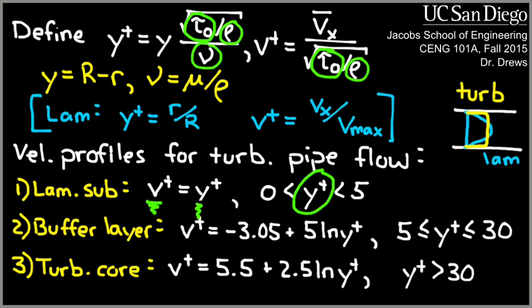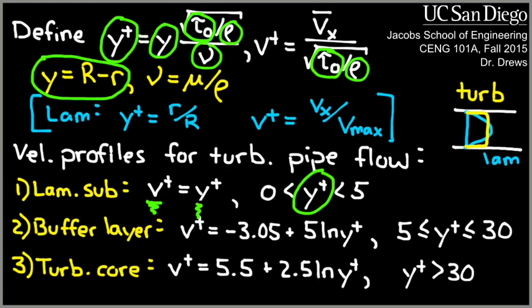Well, if I look at my definition of y plus, which is admittedly getting a little messy up there, y plus is equal to wherever I am with y times that quantity square root of tau naught over rho, divided by nu. If I am at the wall, then big R is equal to r, and here I'm going to circle it. If I use this expression and substitute little r = big R, I find out that y is equal to 0. So if y is equal to 0, y plus must also be equal to 0.